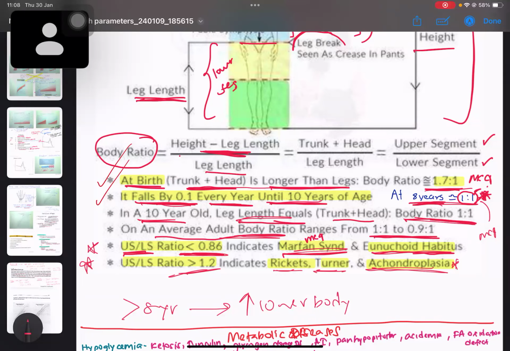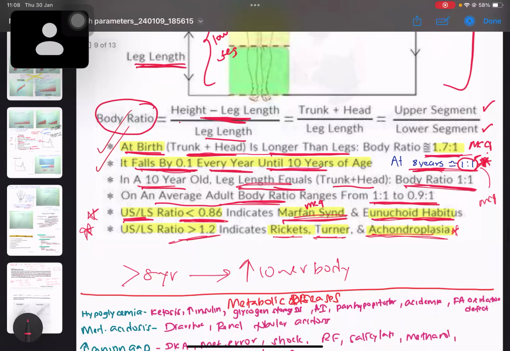It means the lower segment will be lengthier than the upper segment. We will be discussing Marfan syndrome in future sessions, because it can be an MCQ question. If the upper segment to lower segment ratio is more than 1.2, it means the upper segment is lengthier than the lower segment.